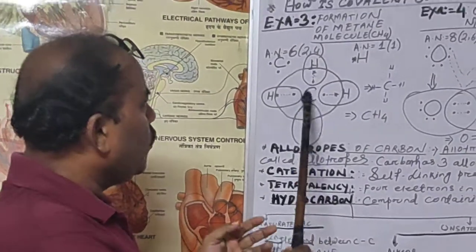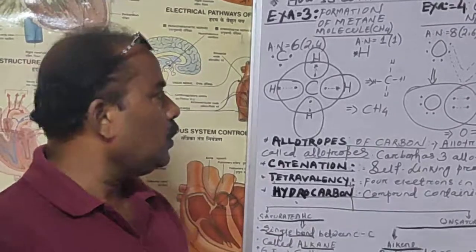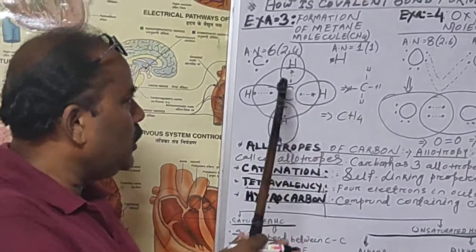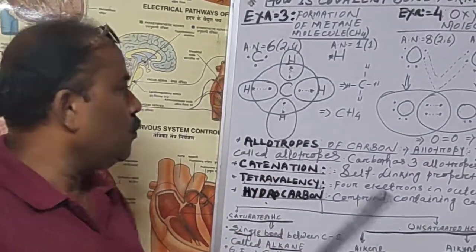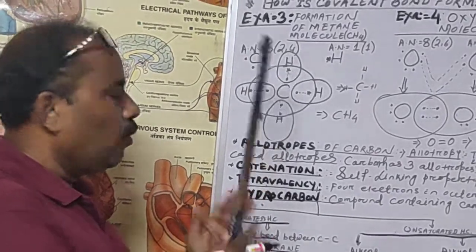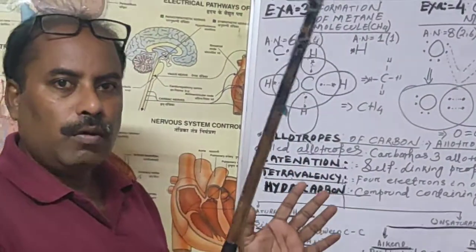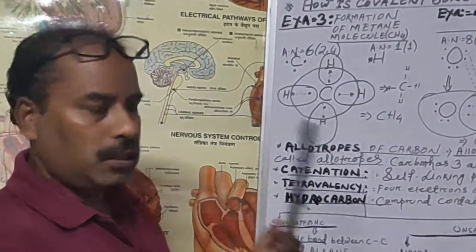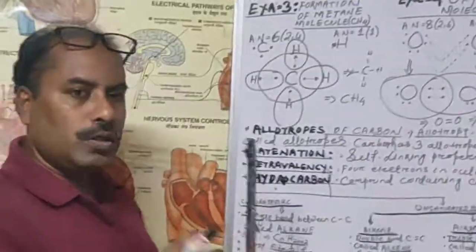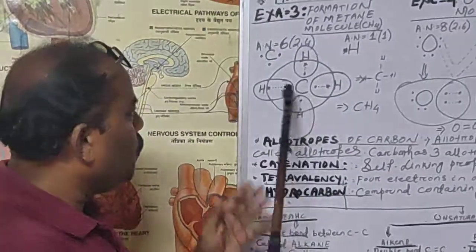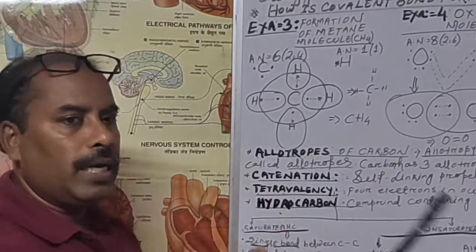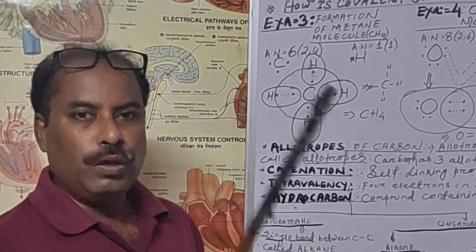So then there is no understanding. Then hydrogen says, this type of chance I cannot lose. So he requests carbon, wait, I am calling my 3 more brothers who also need 1 electron. So your 4 electrons will be shared and I will get 1 electron also. So we will be satisfied.